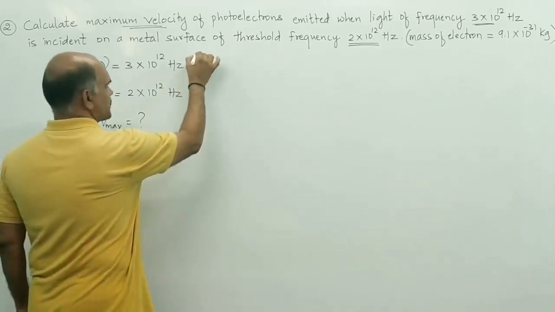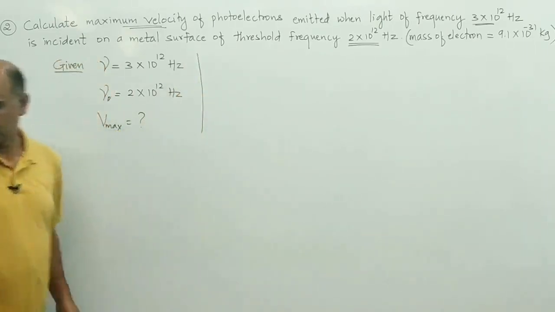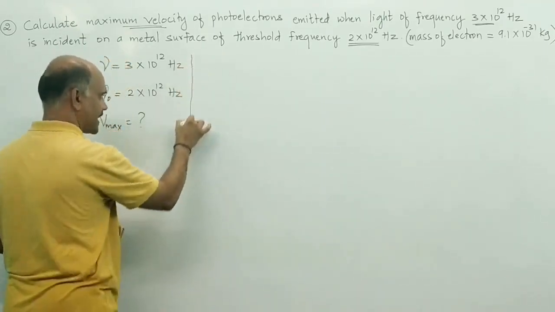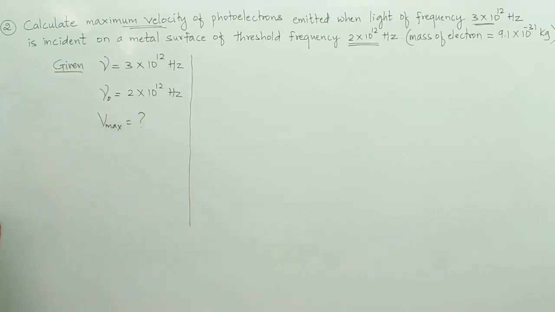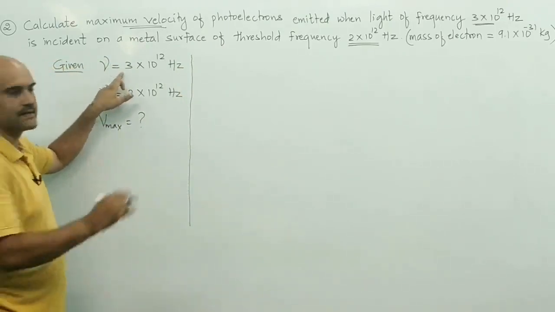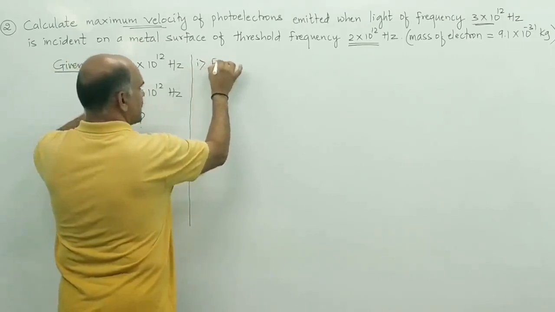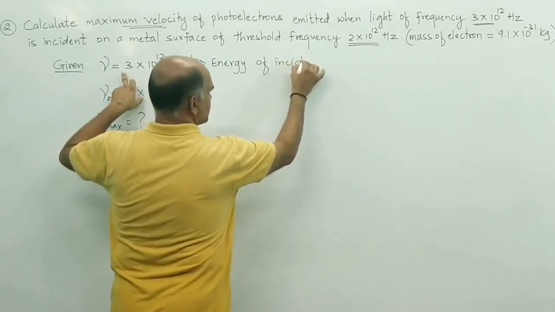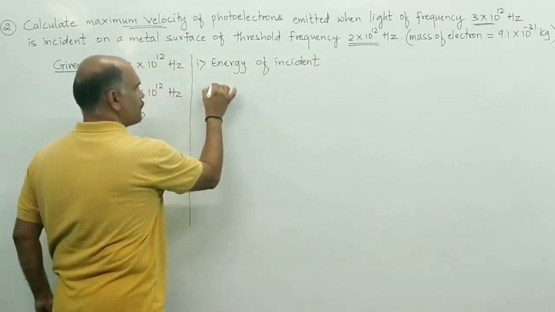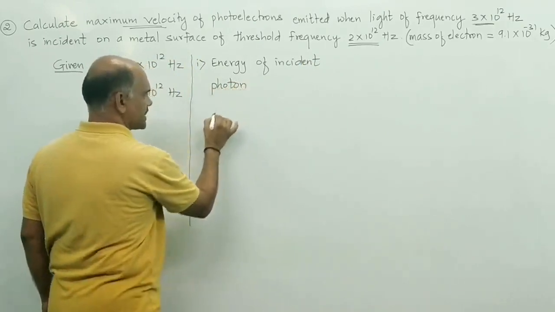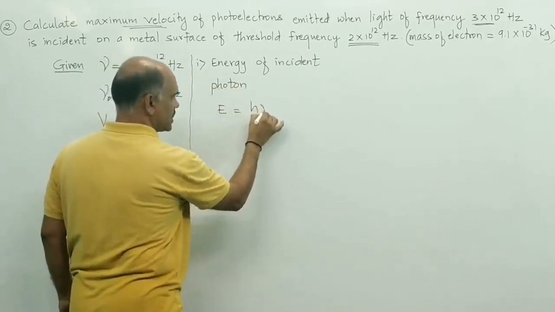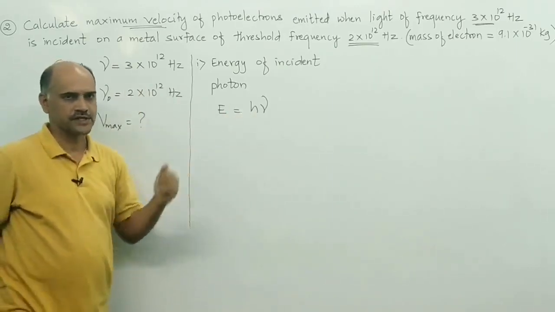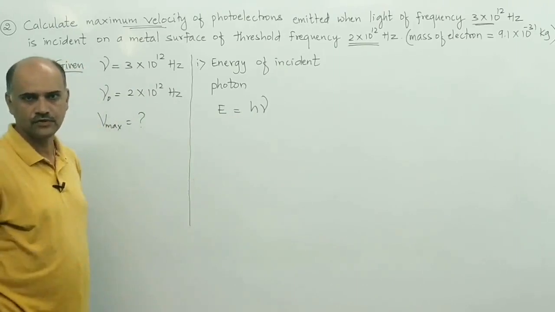Again first we will find energy of incident photon, work function, kinetic energy, and then velocity. First nu he has given, so I will find energy of incident photon. That is given by E is equal to h nu. Nu he has given, h Planck's constant value you are knowing, else he will give it in the question paper.